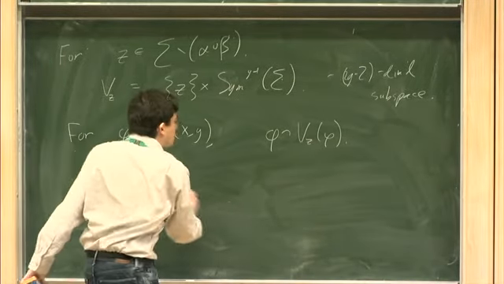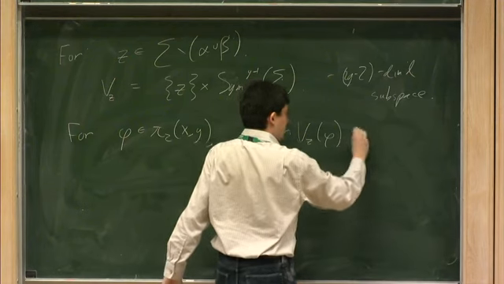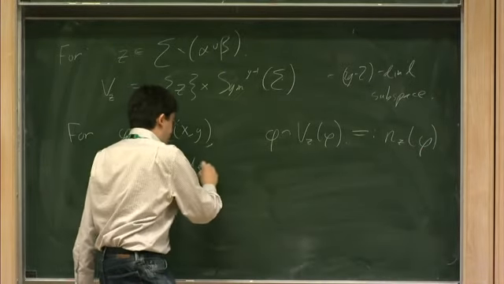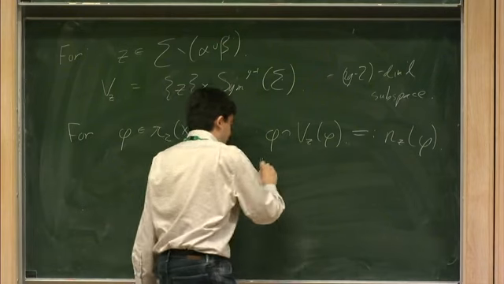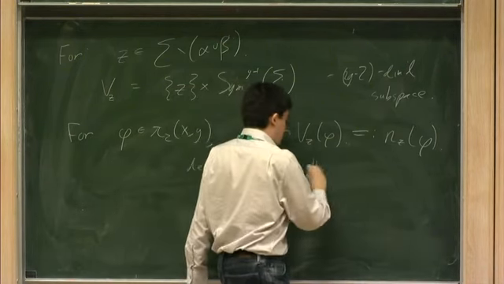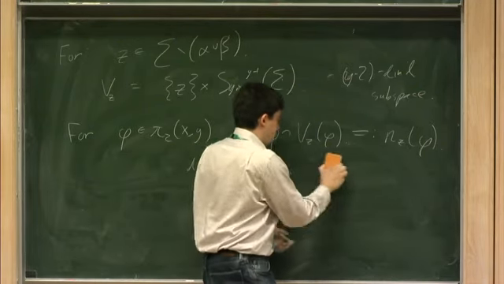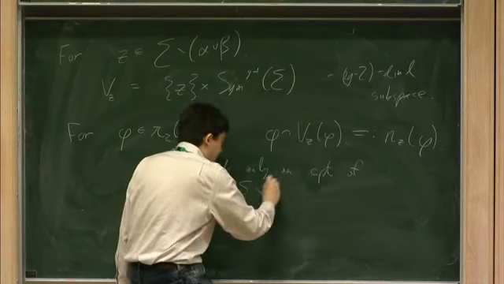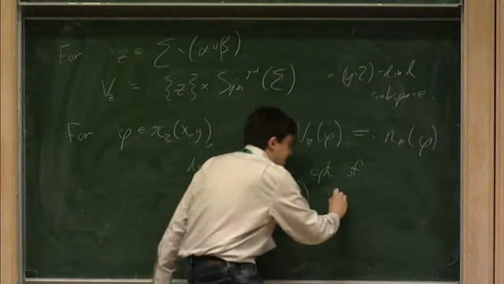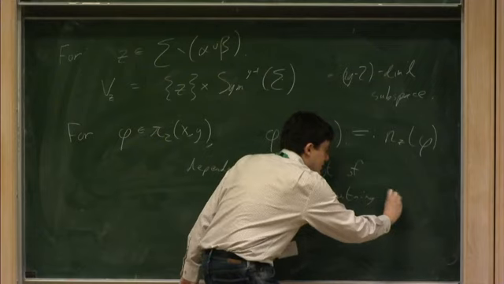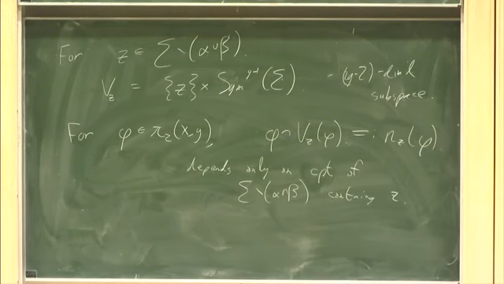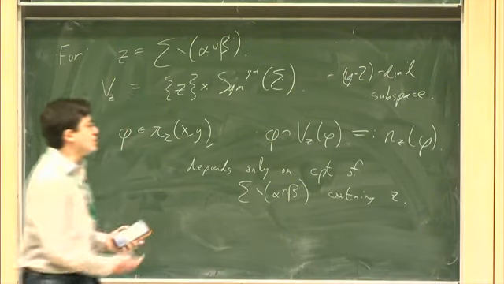Okay, and this depends only, so I'm going to call this n_Z of phi. So this depends only on the component of sigma minus alpha and beta containing Z. That is to say, if I move Z around, then I don't change this number, right? If I move Z around without crossing an alpha or beta circle, I don't change this number.